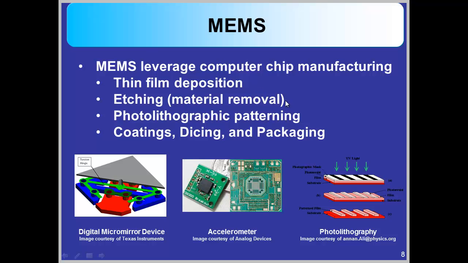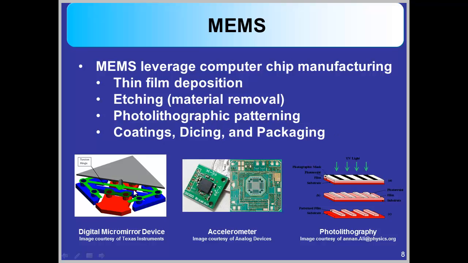Etching is how you create the individual micromirrors, so you're removing material. Photolithography is used to pattern, which gives basically the dimensions of each of the structures that go into your device. And then once it makes it through the fabrication facility, there's additional coating, dicing, and packaging steps that allow these systems to be utilized in consumer products like the video projectors and airbag systems.